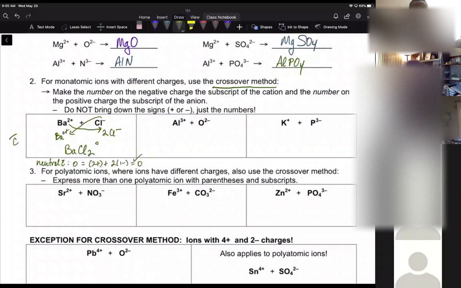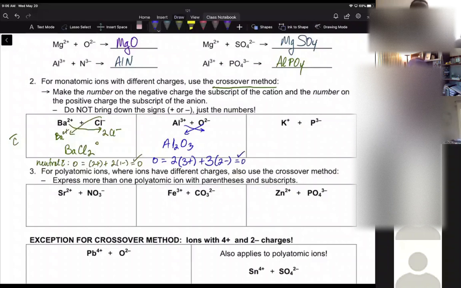Let's use the crossover method for aluminum and oxygen. So we're going to think about bringing just the numbers down to form Al2O3. Now let's check that that's neutral. We've got 2 aluminum, and each brings in 3 plus, and we've got 3 oxygen, and each one brings in a 2 minus, and that equals 0.